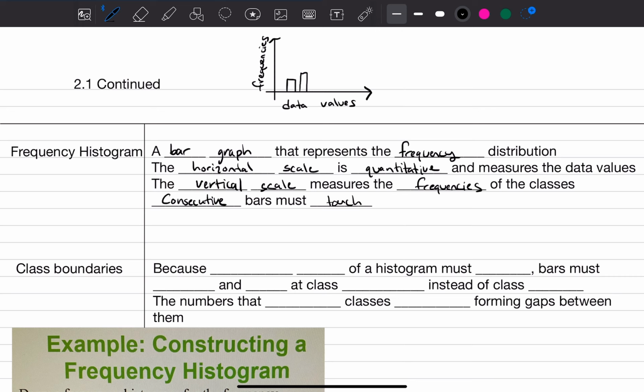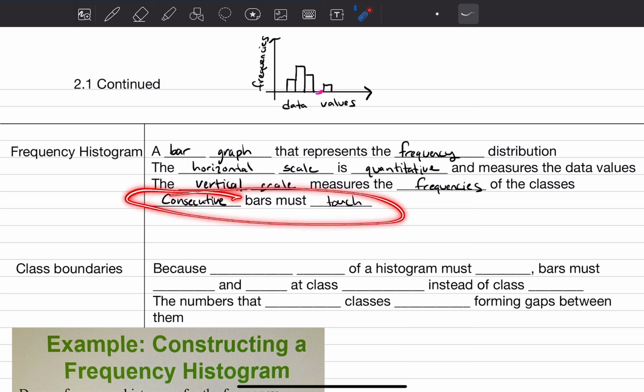That's a bar graph. We're not doing bar graphs, we're doing histograms, which are similar, but this is for quantitative data, and the bars also must touch. Now obviously, if there's no data here, then they're not going to touch there. But that's why we say for consecutive bars, they must touch.